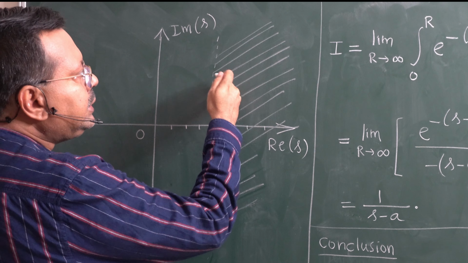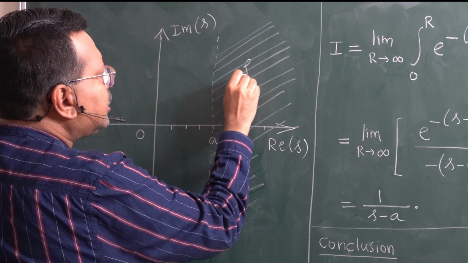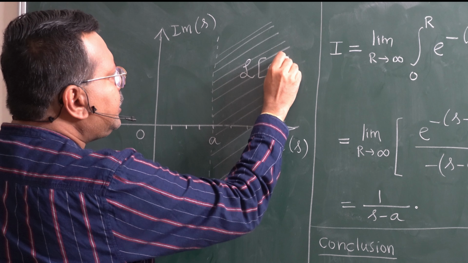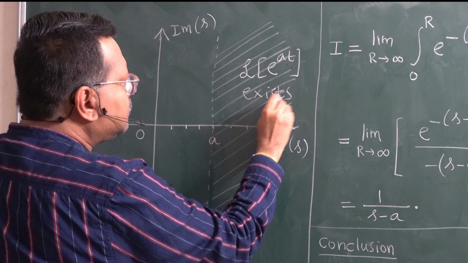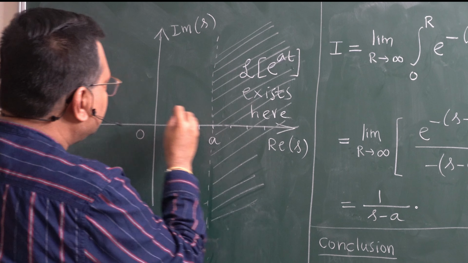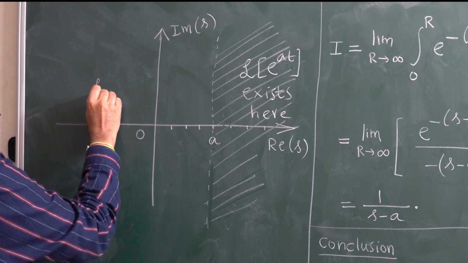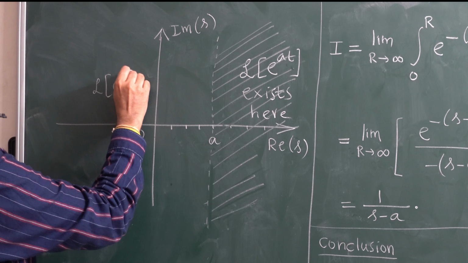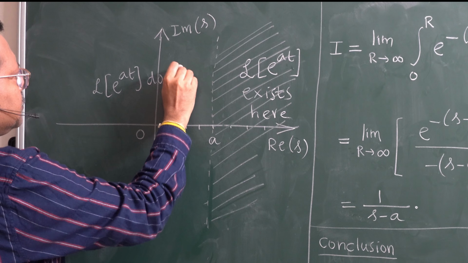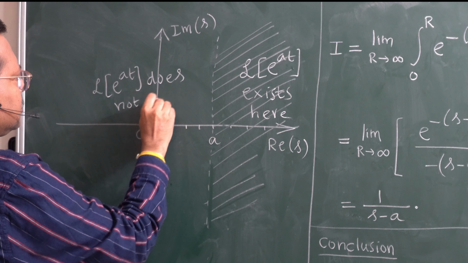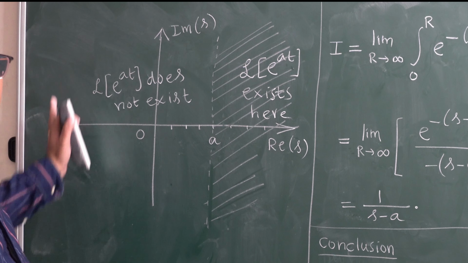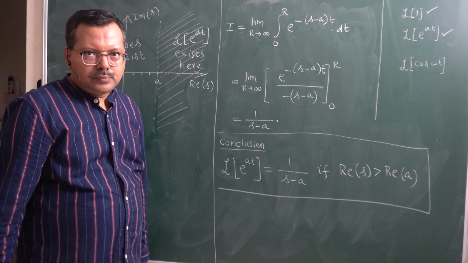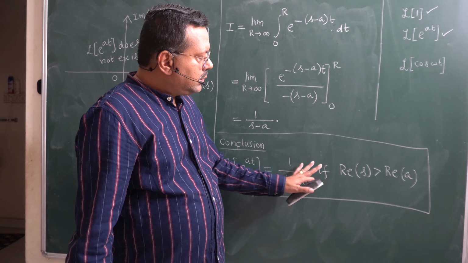Then in this particular shaded region, the Laplace transform of e to the power of at would exist. And in the unshaded region, the Laplace transform of e to the power of at does not exist.